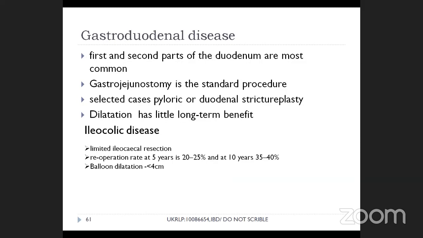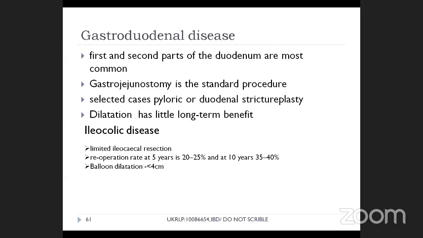Gastroduodenal disease is just 5% of Crohn's disease, and mostly it occurs in the first and second part of the duodenum. If the patient has got a stricture or fibrosis of the first or second part of the duodenum, gastrojejunostomy is the standard procedure which is helpful.